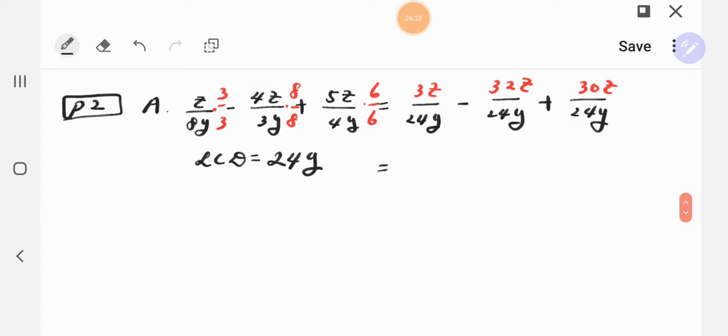So finally, the denominator is 24y, and the numerator is the sum: 3z minus 32z plus 30z. 3 minus 32 is negative 29. So that is 1z over 24y.